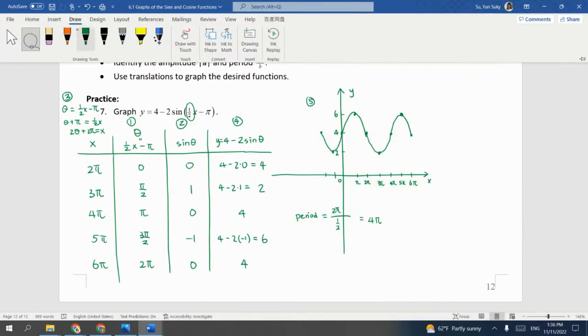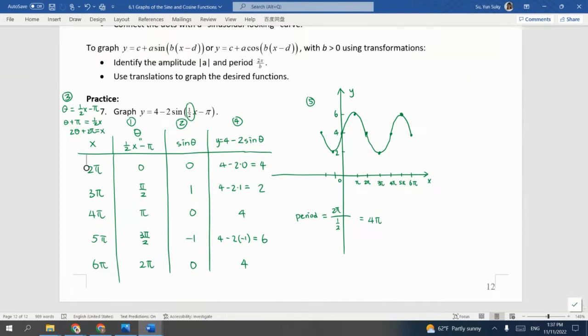So I want to write down the transformations. Parent function y equals sine x, right, everybody? Step 1, we shift left or right? Right, how many units? Pi units. Then we get y equals sine of x minus pi.